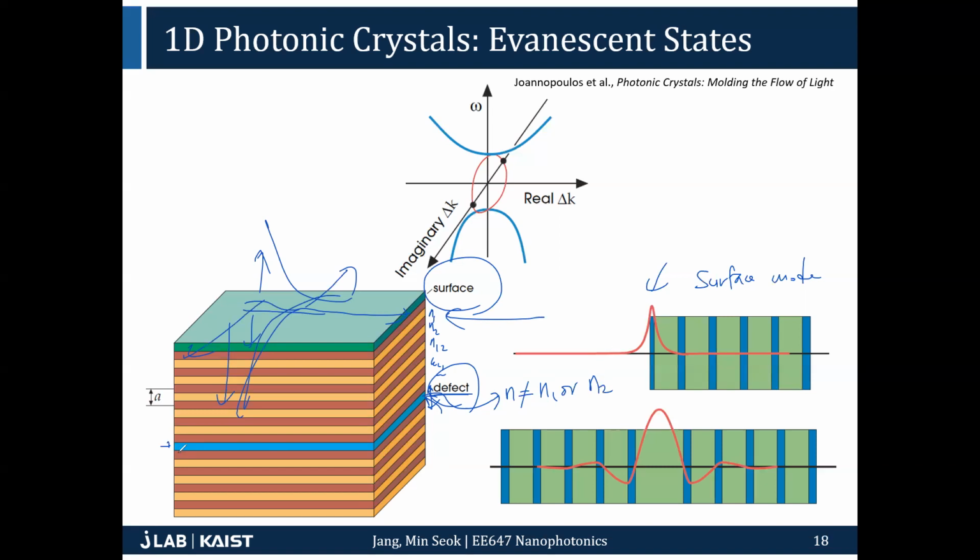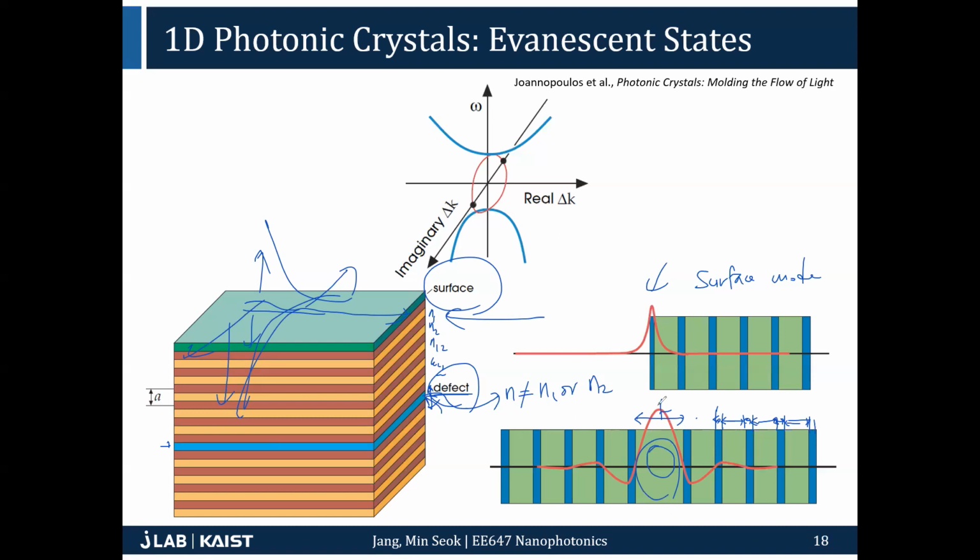So this is called a defect. In this case, the defect is a different thickness. If you look at the crystal part, you have alternating layers of blue and green with the same repeating thicknesses. But here in the middle, the green part has a wider thickness compared to the others. So this is called a defect in this case.